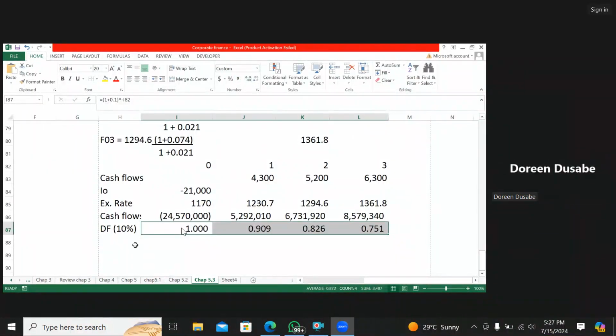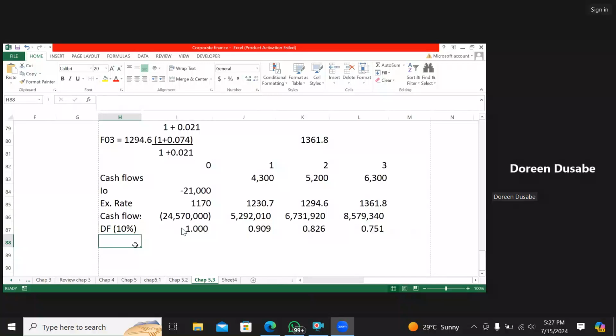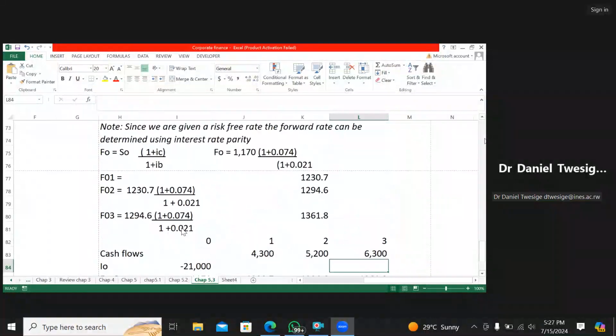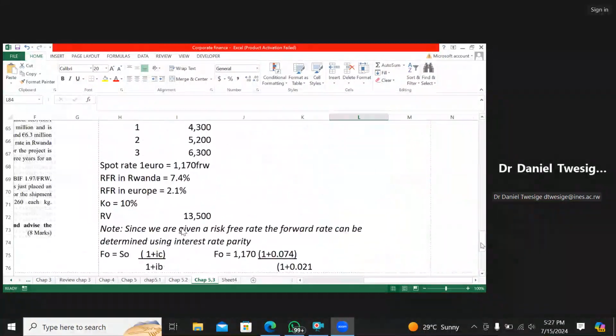Excuse me, sir, what about the residual value? Yes, there is a residual value. We forgot. We can put it here, which is 13.5.